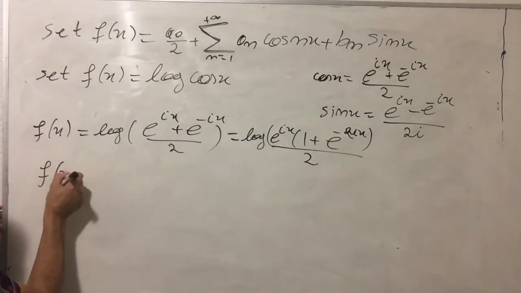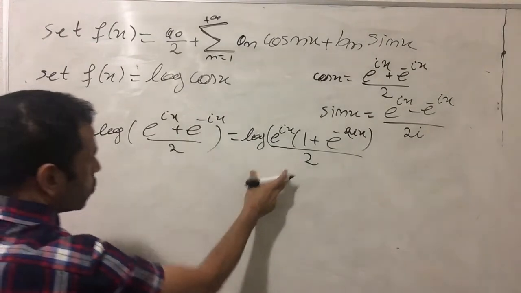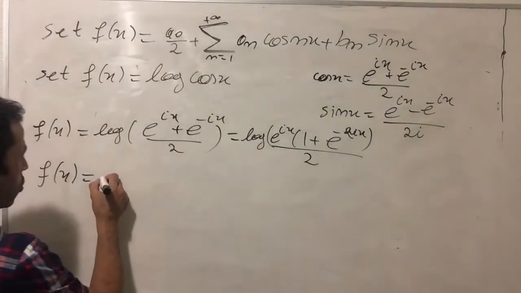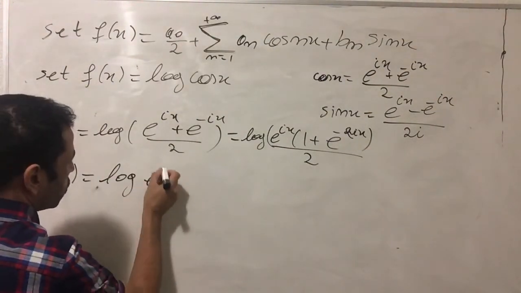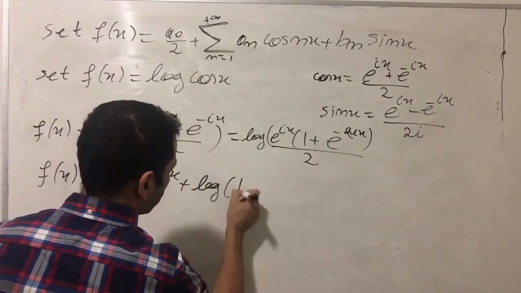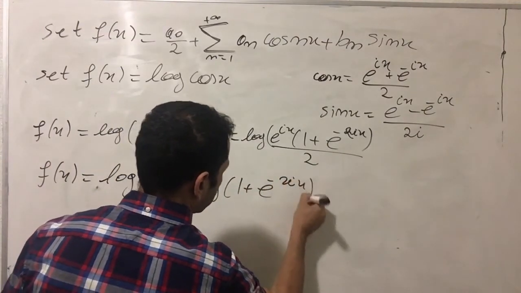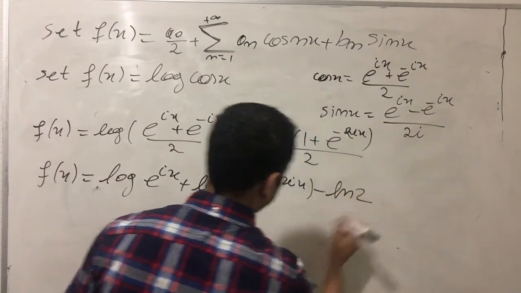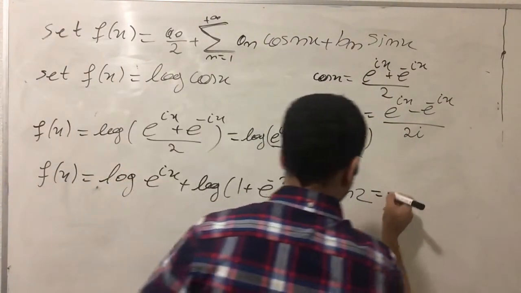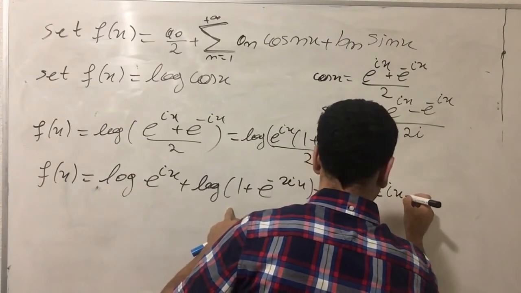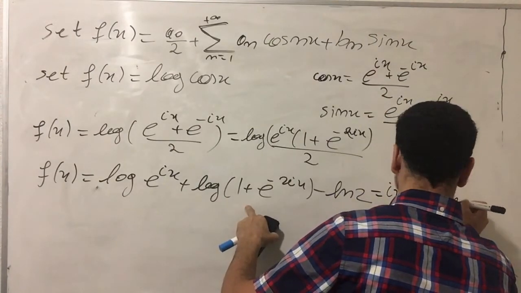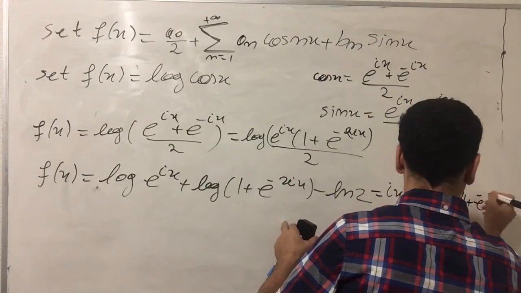So f of x equals, applying the natural log rule, natural log of e to the ix plus natural log of 1 plus e to the minus 2ix minus natural log of 2. This is given as ix minus natural log of 2 plus natural log of 1 plus e to the minus 2ix.